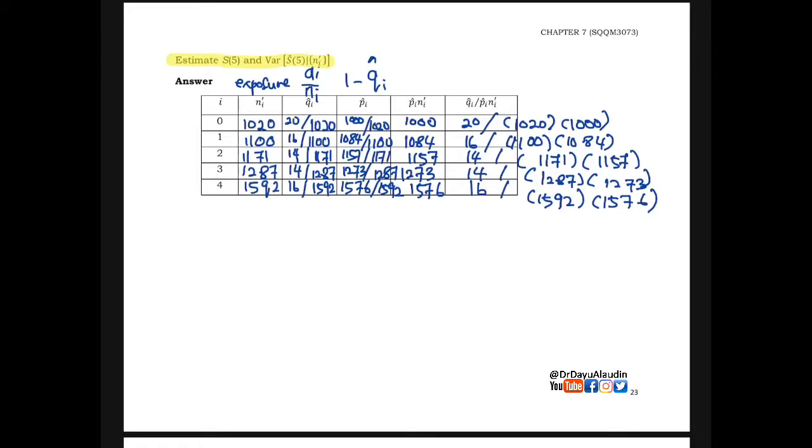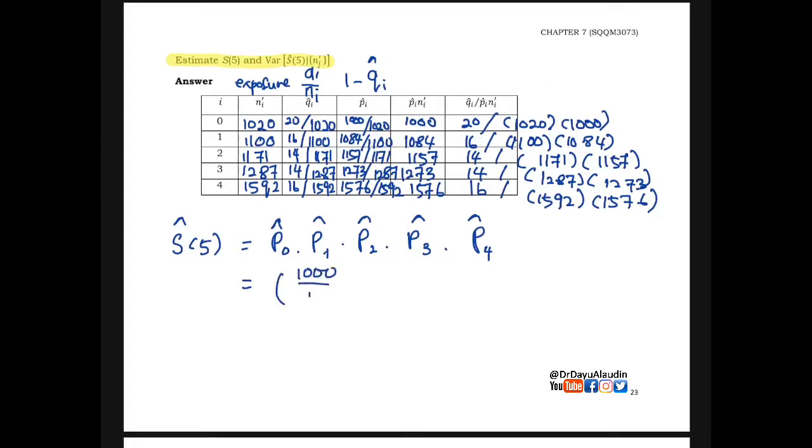So first one, how to estimate S5? The notation for estimation of S5 is S5 with the hat, which is the multiplication of P0 until Px minus 1, so until P4, 5 minus 1. So P0 is 1000 over 1020.